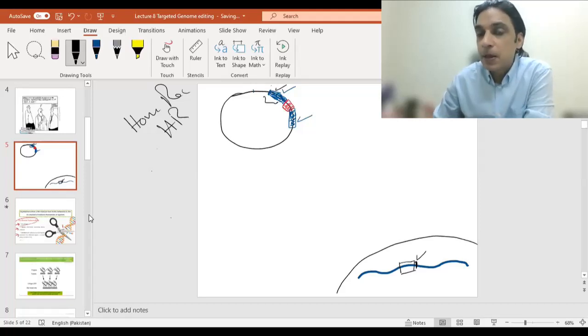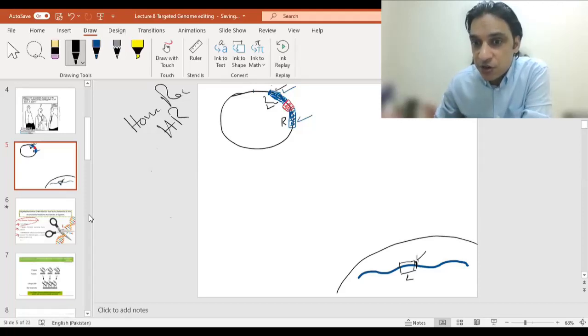Okay. So I can refer to it as a left arm, as L. So this sequence is 100% homologous to that part. And the sequence of DNA here is a 100% match with that portion of the DNA.